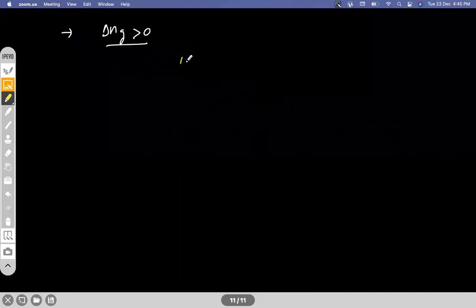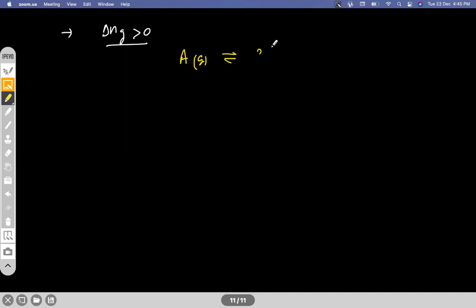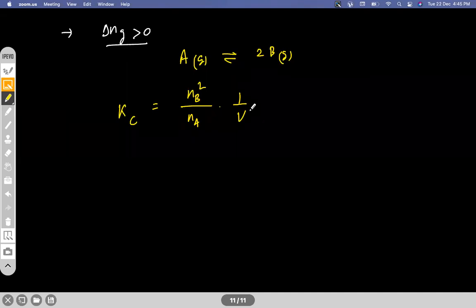Similarly, if you think of delta Ng greater than 0, Kc would be, if I write this directly, nB squared by nA into 1 by V, isn't it? Is it right? Tell me.